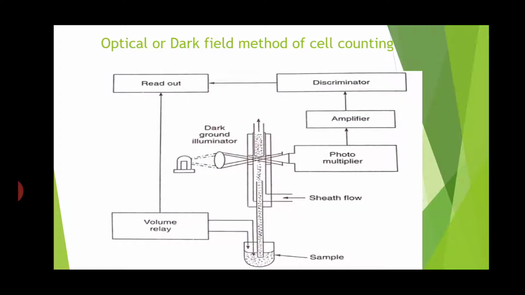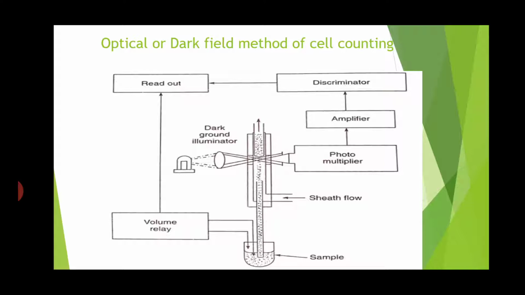So from the sample they take the blood, and using the sheath the blood stream is narrowed. The illuminator light falls on it, and that light is scattered by the cells of the blood. The scattered light falls on the cathode of the photomultiplier tube.